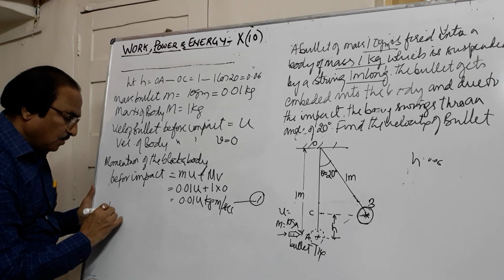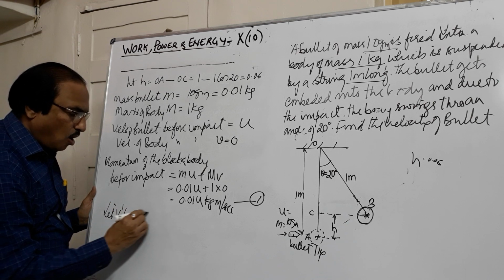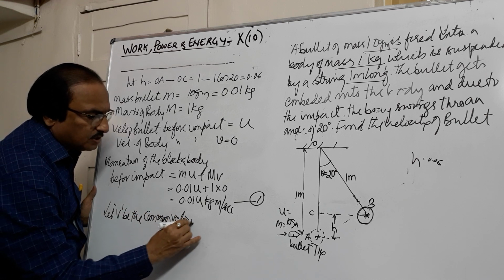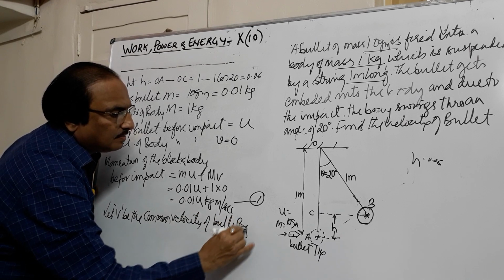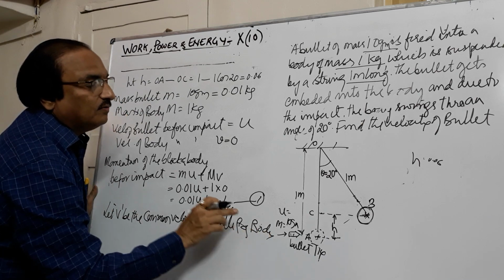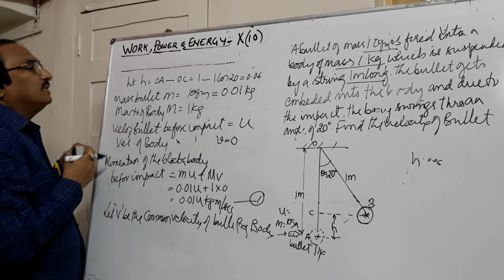Let capital V be the common velocity of the bullet and the block, or the body. When the bullet gets embedded, both will be moving with a common velocity. Let V be that common velocity.